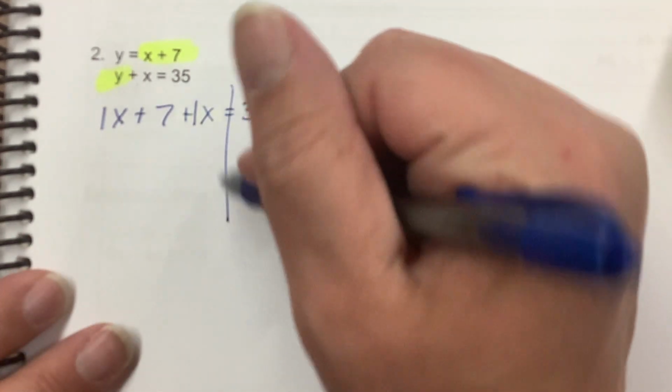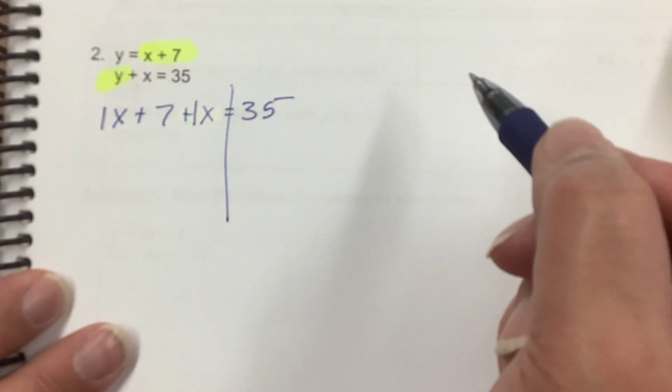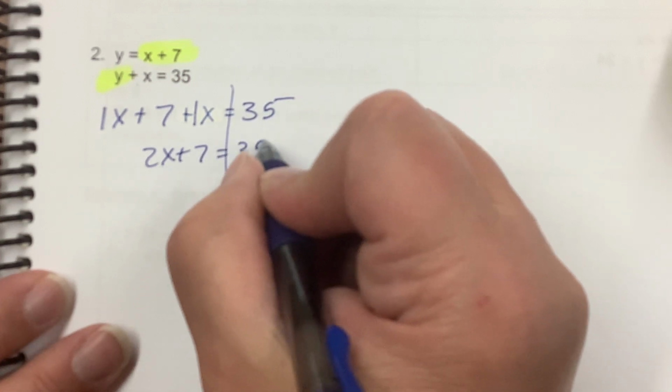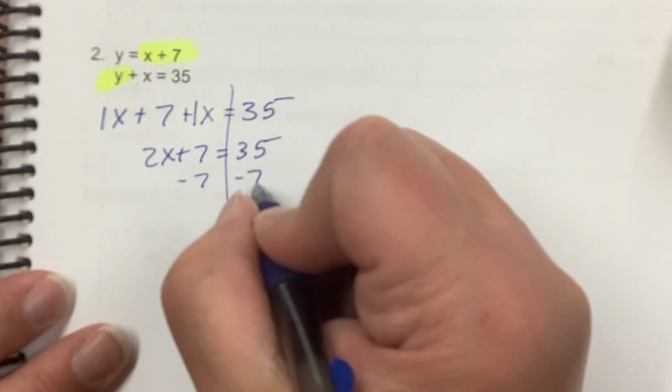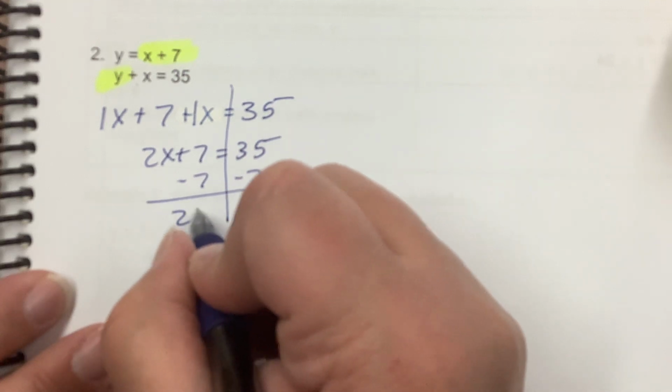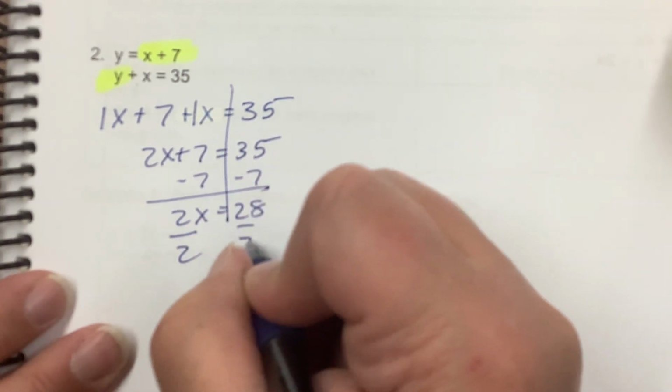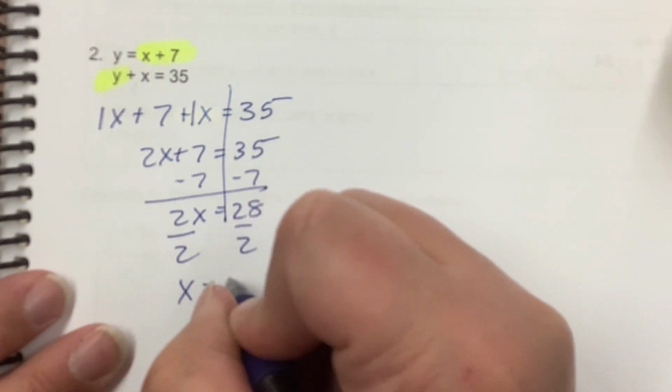There's a 1 there also. Here's my equal sign. They're on the same side, so combine like terms. 1x and 1x is 2x, plus 7 is 35, minus 7 from both sides. 2x equals 28, divide by 2, and x equals 14.